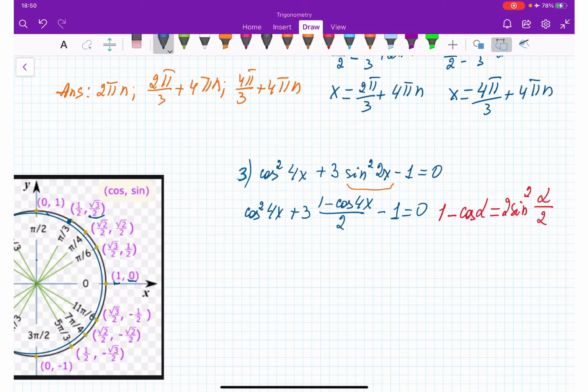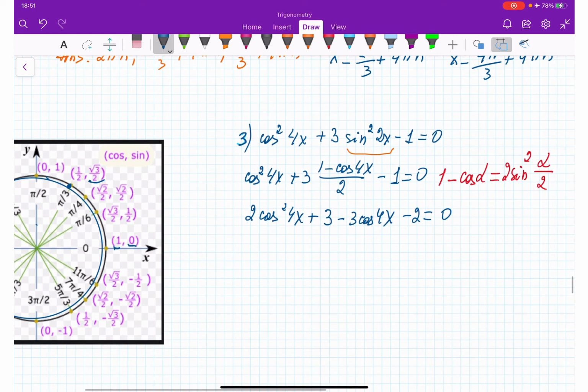All right, so from here, what do we get? Bringing to a common denominator and dropping the denominator, it is going to be 2 cosine squared 4x plus 3 minus 3 cosine 4x, I distributed 3 by 1 minus cosine 4x, and minus 2 equals 0.